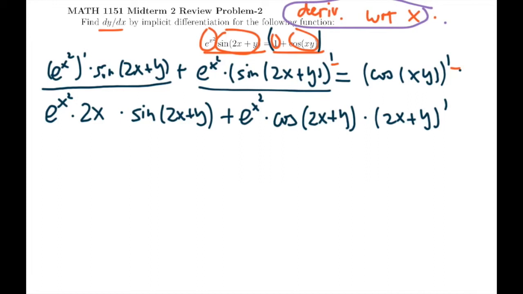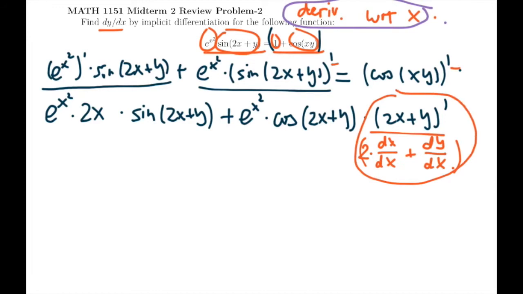So for this piece, it is 2 times dx over dx plus dy over dx.